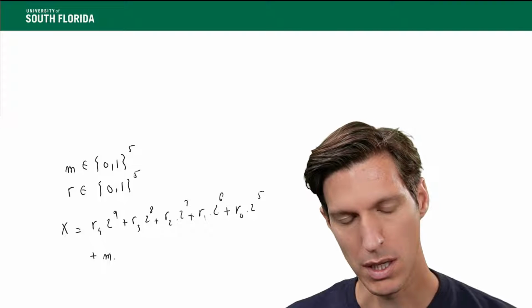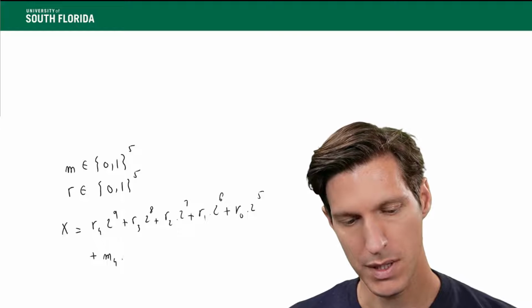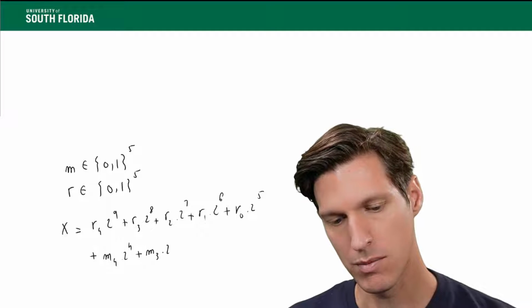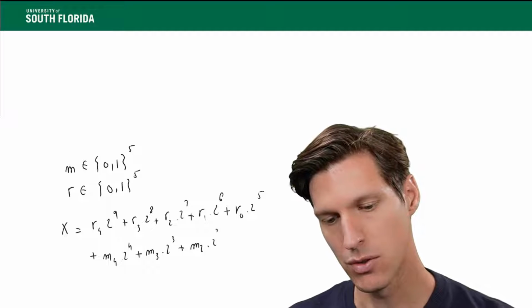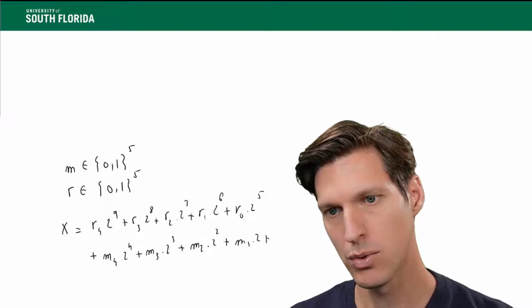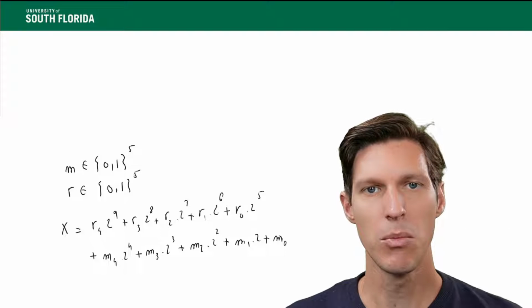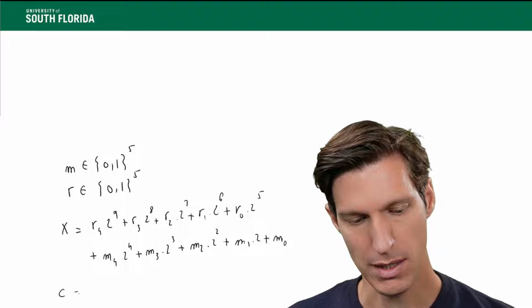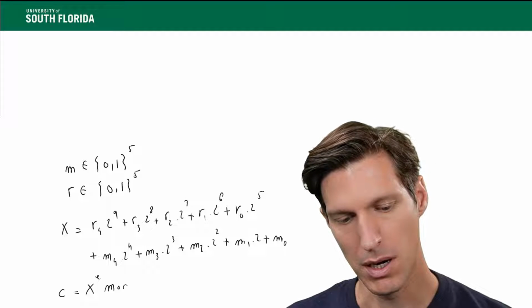So let's say M4 times 2 to the 4 plus M3 times 2 to the 3 plus M2 times 2 to the 2 plus M1 times 2 plus M0. All right, so that number X then gets raised to the power E mod N to create the ciphertext.